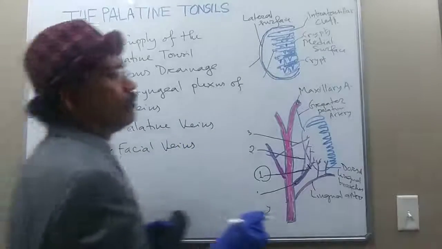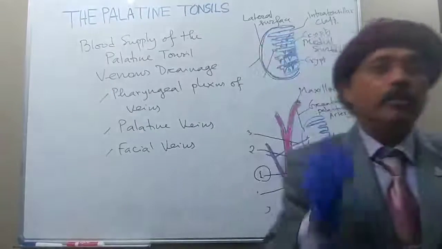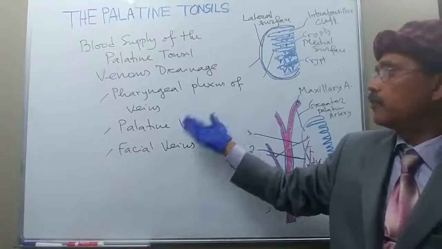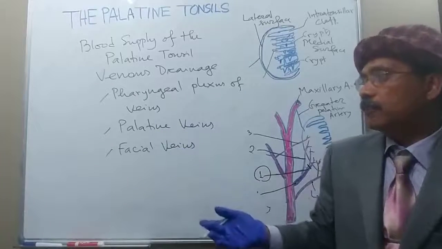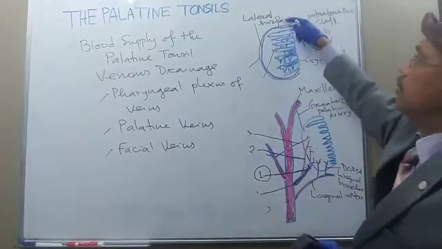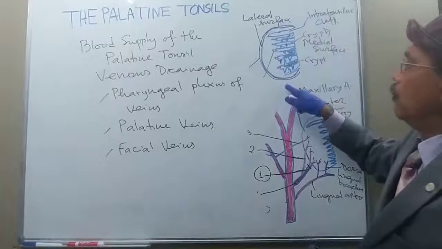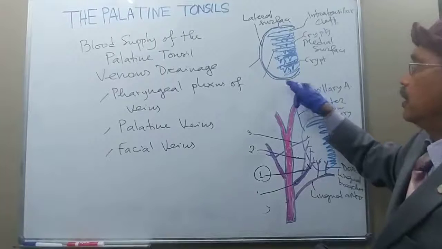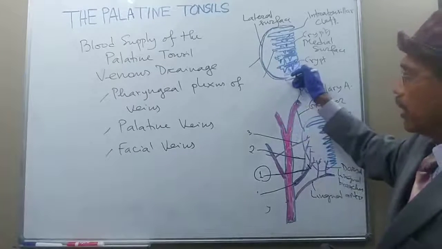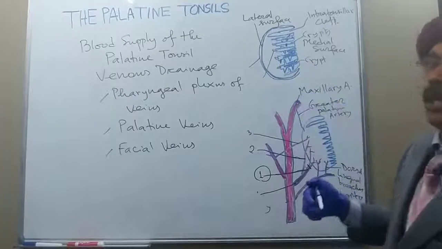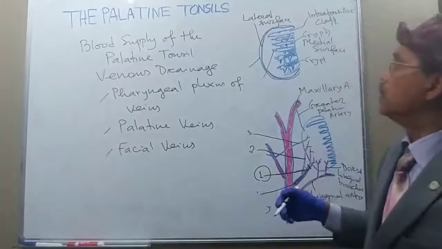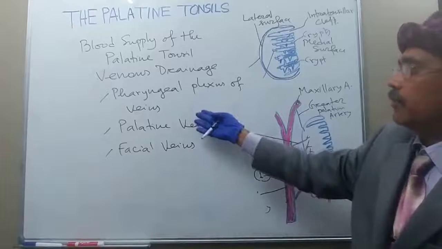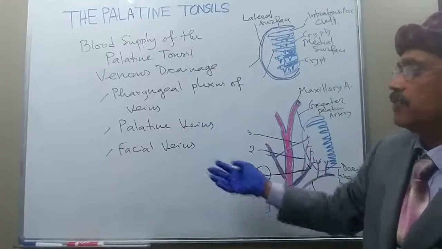Since it is in the oropharynx, it should go to the pharyngeal venous plexus. The palatine vein is related to the upper pole, which is related to the soft palate; the lower pole is related to the tongue area, the posterior third of the tongue. The capsule is also blended to the lateral aspect of the tongue. So we got the venous drainage: pharyngeal plexus of veins, palatine vein and facial vein.